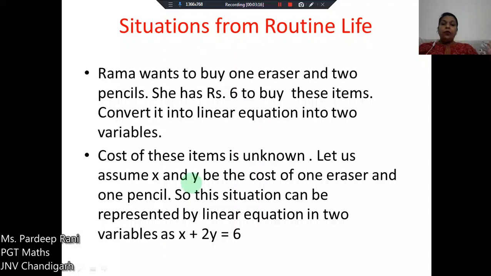Now we have to buy one eraser, and the cost of one eraser is x, and y is the cost of one pencil, and we have to buy two pencils, so the cost of two pencils will be 2y. Now, according to the question, the given situation can be represented in the form x plus 2y is equal to 6.